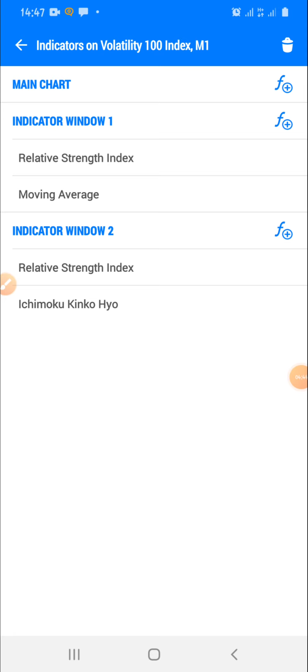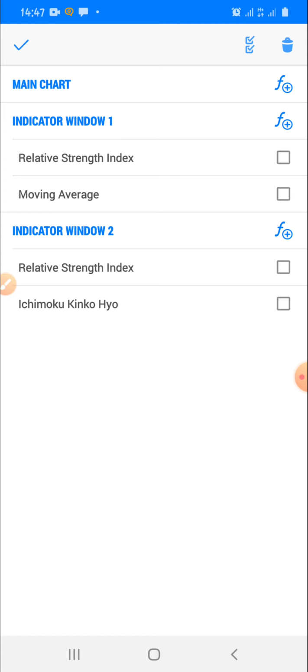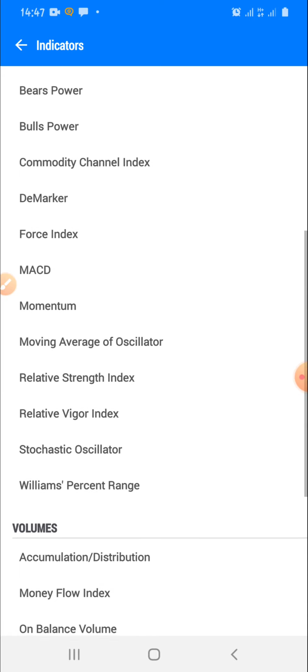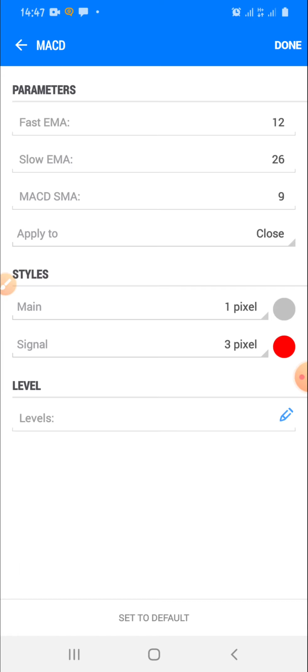Yes. Then let me remove one window and add the MACD line, so that we talk of something that we can see. So here is the MACD line.